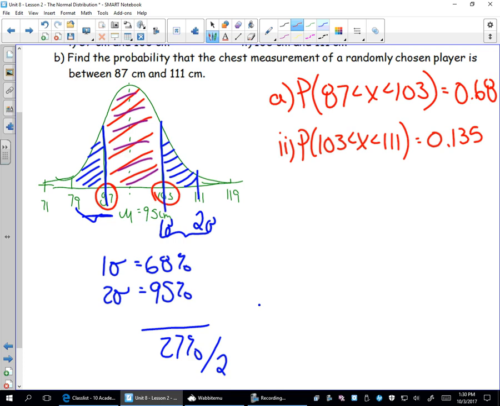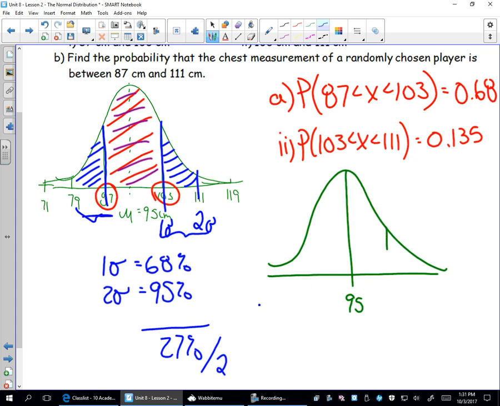A second way, I'll just redraw the picture real quick here so we can see what's going on. Okay, down the middle is my mean, 95. 1 standard deviation, 2 standard deviations. I want to find this. Well, again, if I take the idea that I know 1 standard deviation is 68, so this half is 68 over 2, or in other words, 34%.